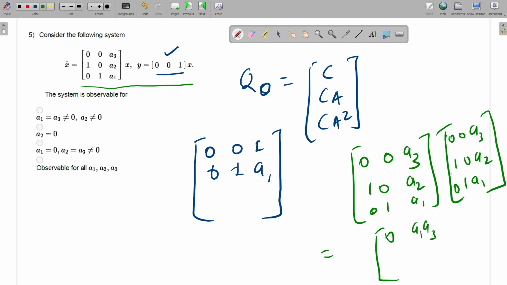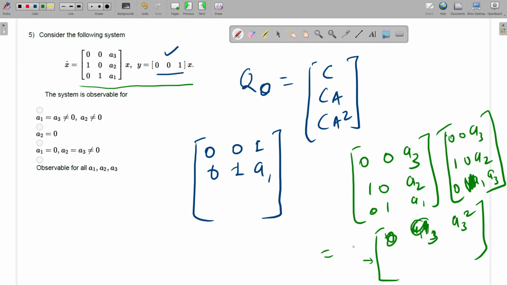Again for the second element, I think I have made a mistake here. The second element is 1 into A3, so second will be A3, correct? And third will be A3 square. First into first is 0, then 1 into A3, and then A3 into A3 square.